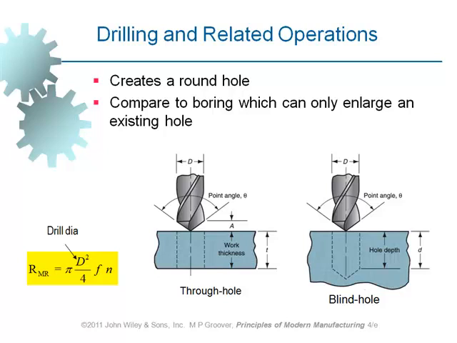F, as before, is the feed. N, which could be capital or lowercase n, is the spindle speed. And we've got an angle theta which stands for the angle of the tip of the drill, which is different for different materials.